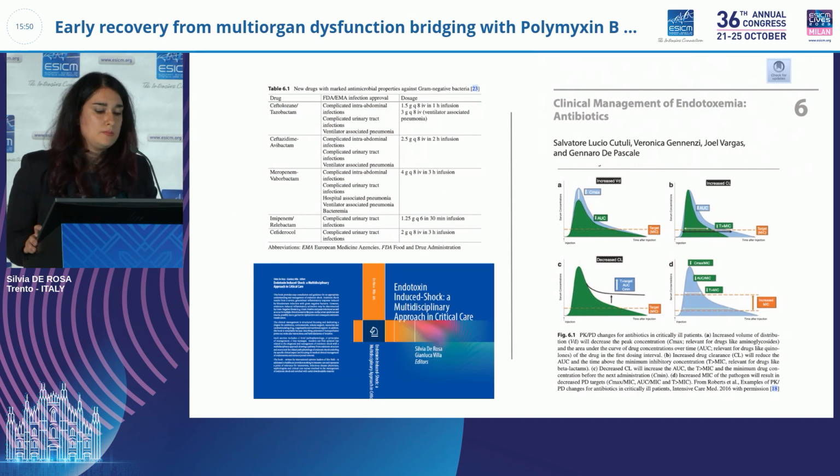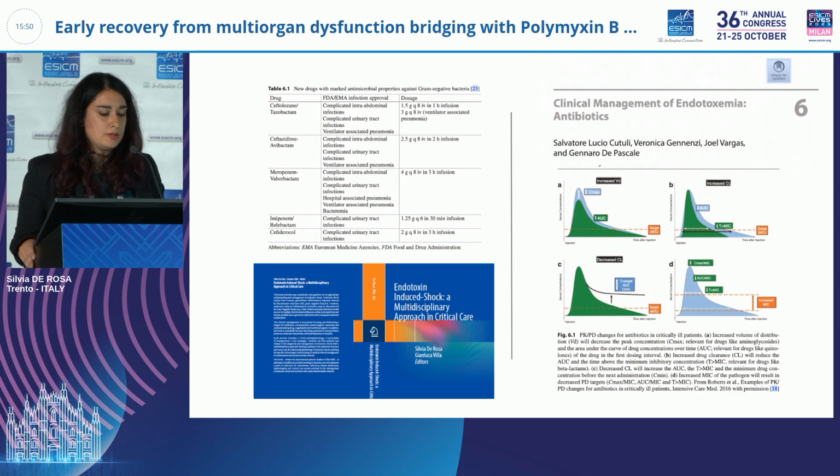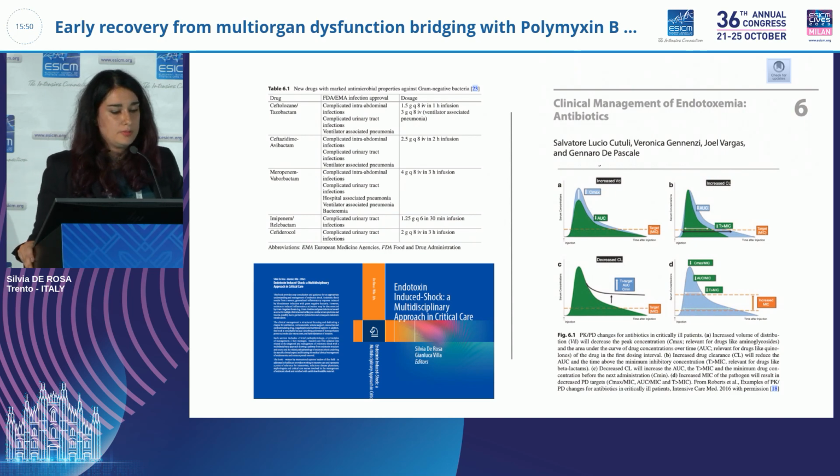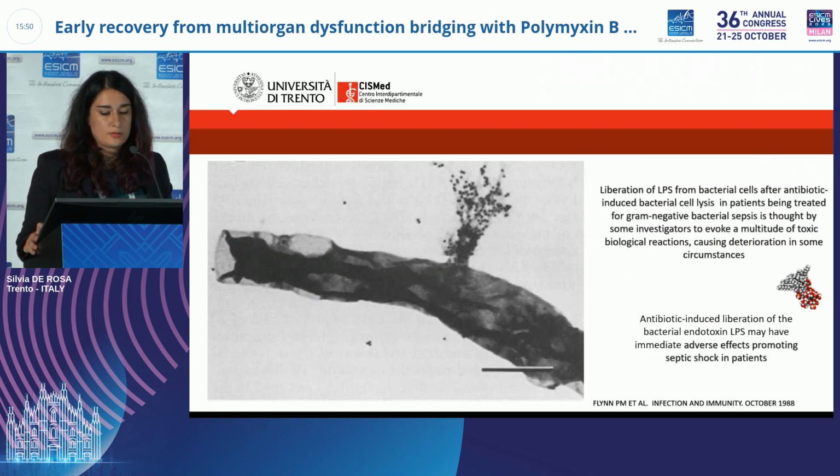At the same time, we also have antibiotics. Antibiotics can have different PK and PD parameters in critically ill patients, and we also have new antimicrobial drugs that should be tested when we consider endotoxin.